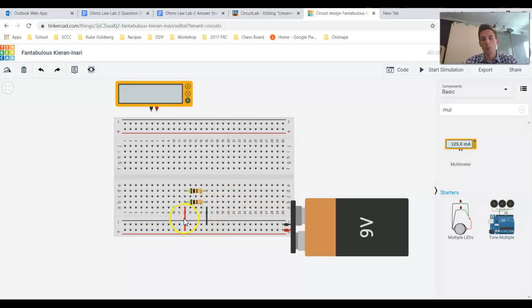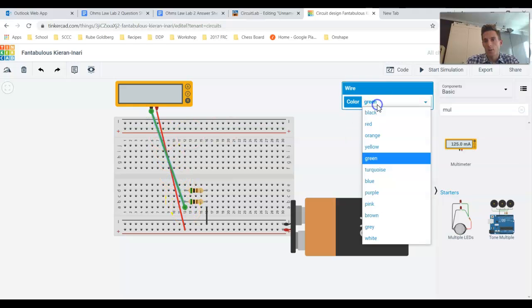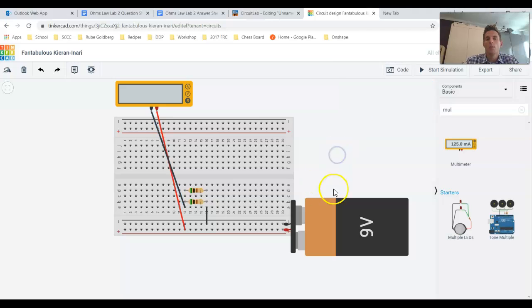So once again, what we're going to do is put the multimeter in the circuit in series. So here, I'm going to come back down. This is going to be black. Let's follow the electrons. Electrons are coming out of the negative. They're coming through here. Now they're in here.